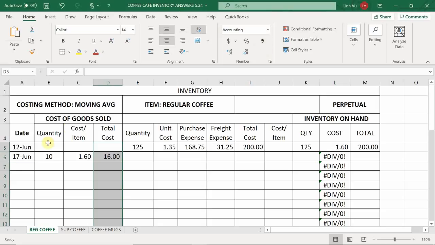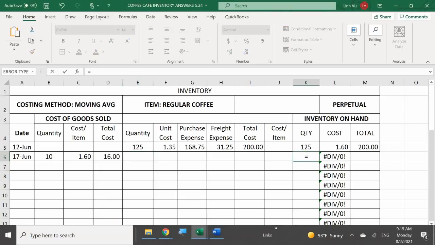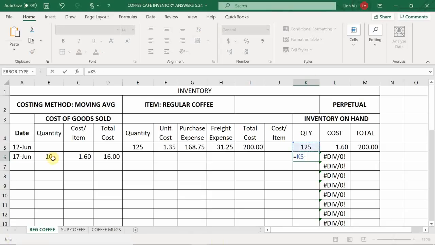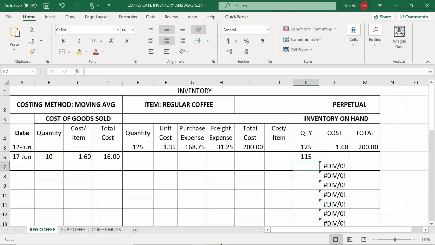So in this case, I need to update my inventory. Whether you use the middle section to validate or whatever you want to do, I'm just going to put it straight into my inventory on hand. I'll do my calculations here. I had 125 items minus 10 pounds. How much should I have left now? 115. Good.